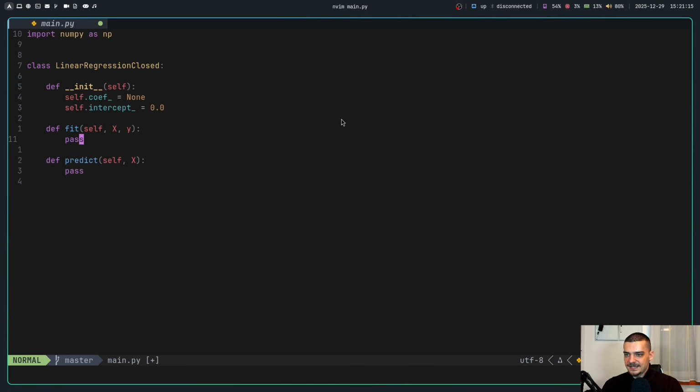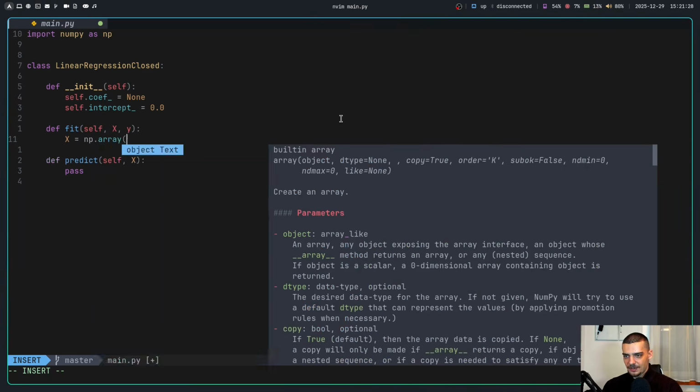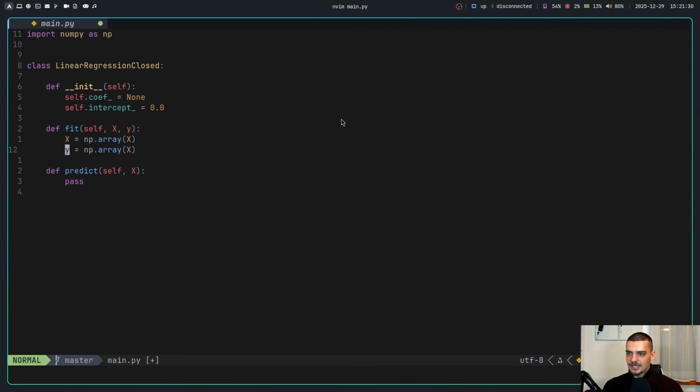Now for the fitting, this is where we actually apply this final formula that we had. How do we do that? We first need to take the data and turn it into NumPy arrays if the data is not already in the correct format. So I'm going to say X is equal to np.array of X, y is equal to np.array of y. And now what we need to do in order to also add the intercept and train the intercept is we need to add this 1 to the X vector.